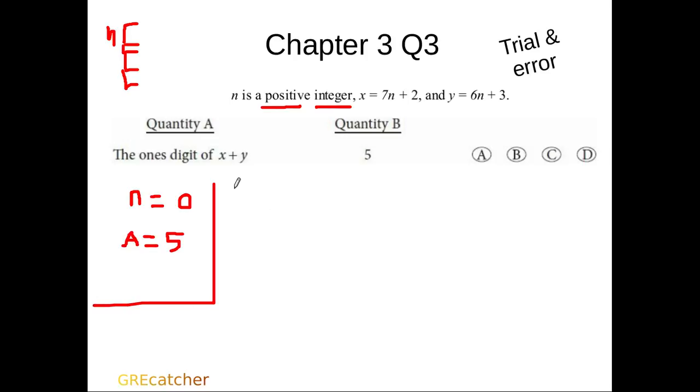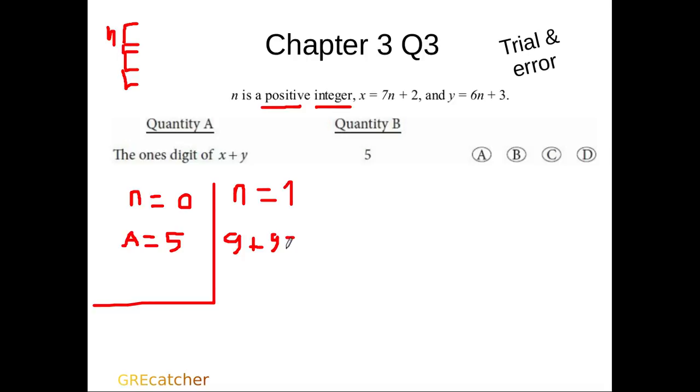Let's say that n is equal to 1. Now x is equal to 7 times 1, which is 7, plus 2, which is 9. And y is equal to 6 plus 3, which is also 9. So 9 plus 9 is equal to 18. Sorry, I'm very sorry, it's 18.